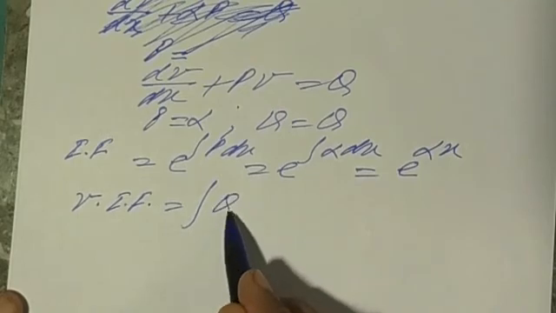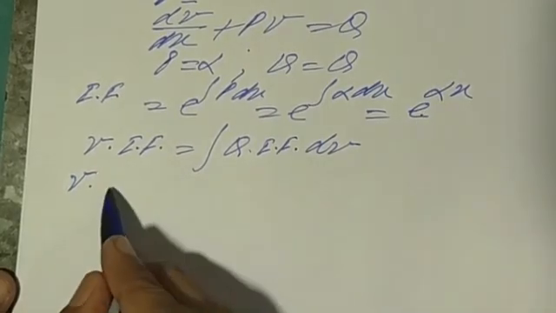So that is equal to e raised to the power alpha x. The solution of this linear differential equation, that is dV upon dx plus alpha V is equal to Q, is given by V into integrating factor is equal to integral Q into integrating factor dx.